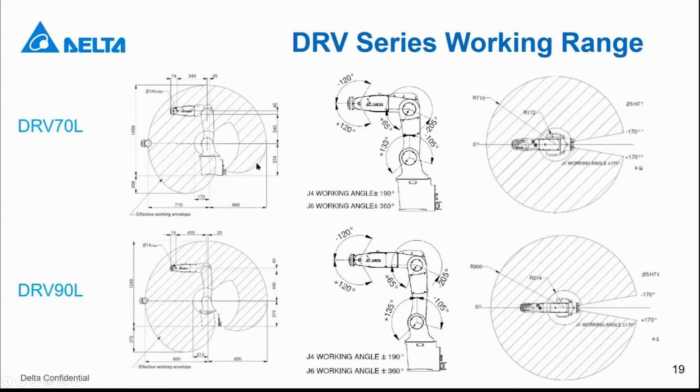For the rest, it's the working range it can reach, not always 700 millimeters, but still very wide. For the 90L series, it's the same, a very wide area, just the length is longer. It's 900 millimeters radius here.